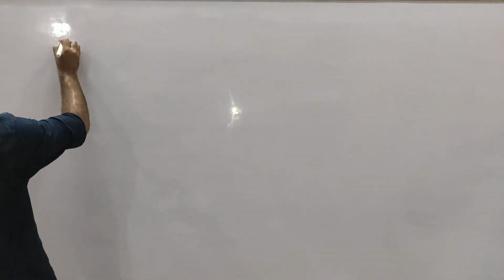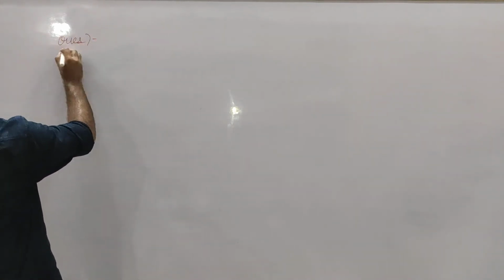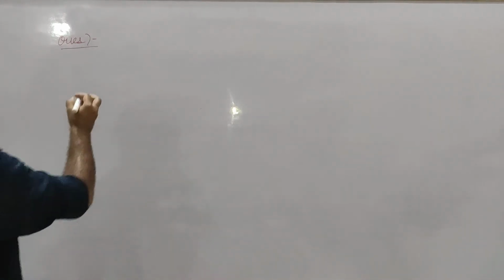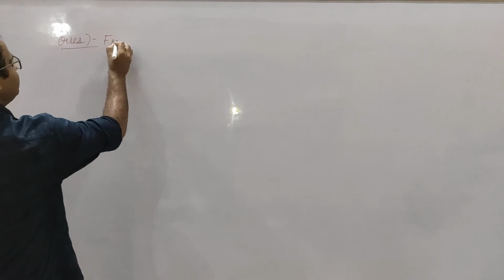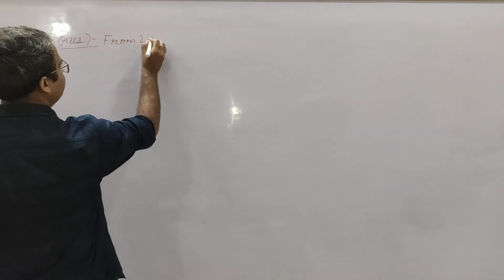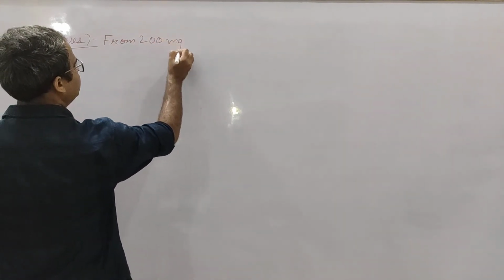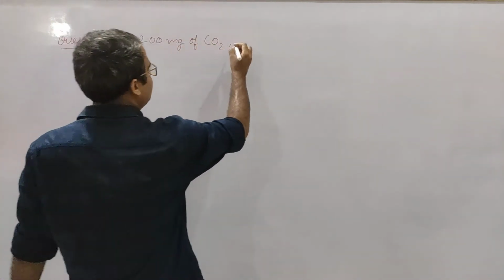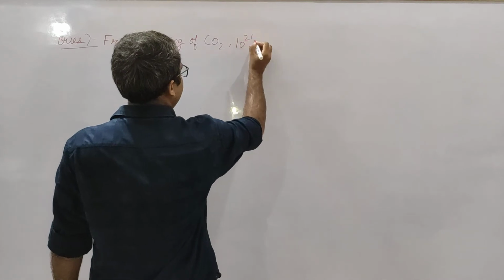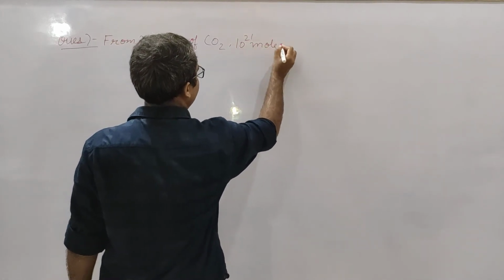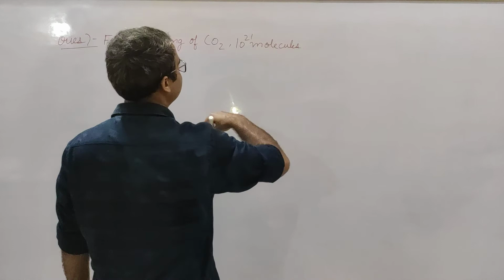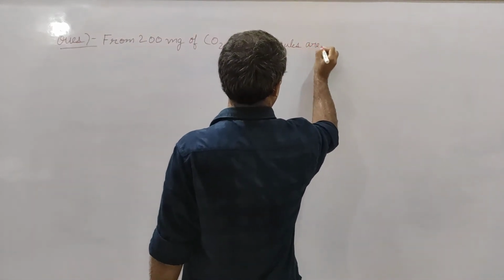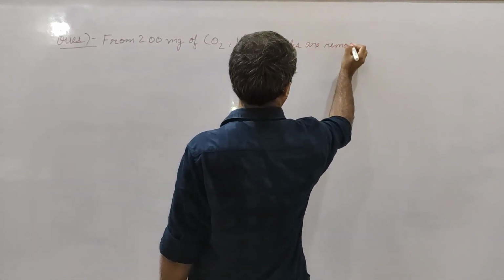Okay, sixth question, the last question, is given like this. From 200 mg of CO2, 10 to power 21 molecules are removed.